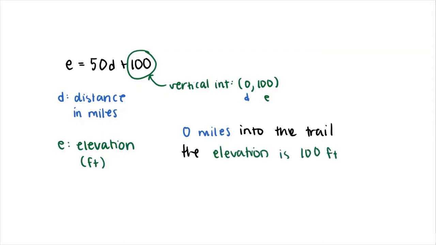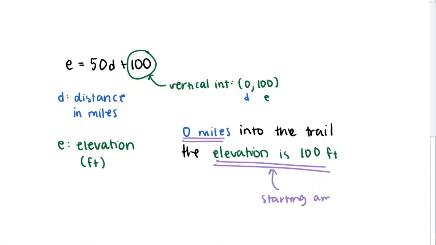And again, this vertical intercept is giving us a notion of a starting amount, an initial amount, right? So before we really started going into this trail, we're already at 100 feet of elevation, a starting amount of elevation. That's what this vertical intercept corresponded to.